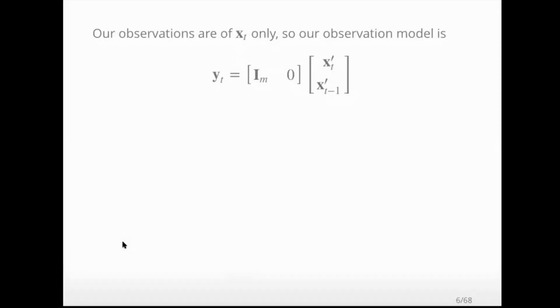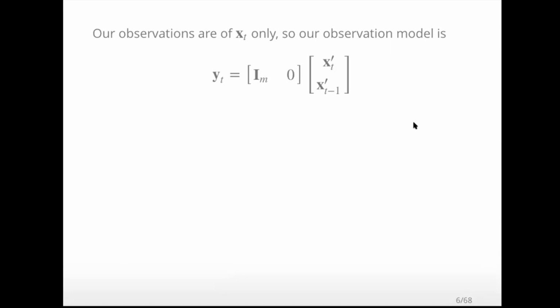So then we have to do our observations. Our observations are just of this one. So we have to think about how do we redo the Z matrix. And so what we want to do is kind of zero that out. So our Z will have identity here. In my example, it is 2x2, so this would be a 2x2 identity matrix. And then we have our zeros.